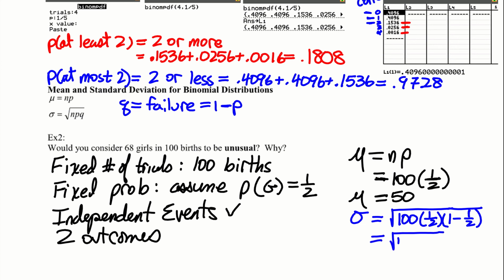So 100 times 1/2 times another 1/2 is going to be the square root of 25, which is 5.